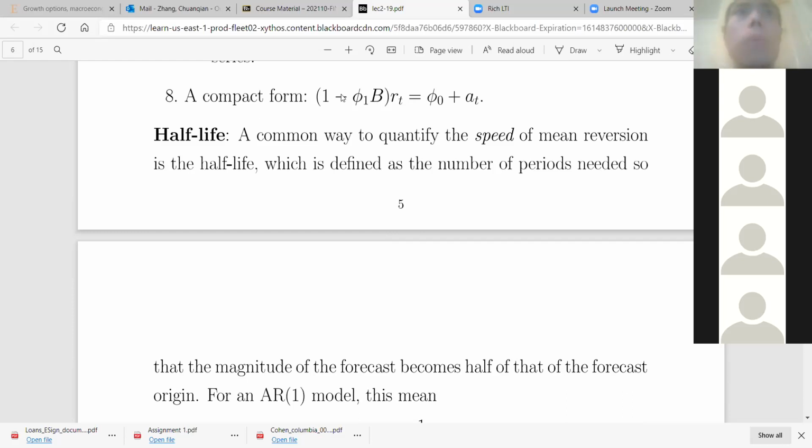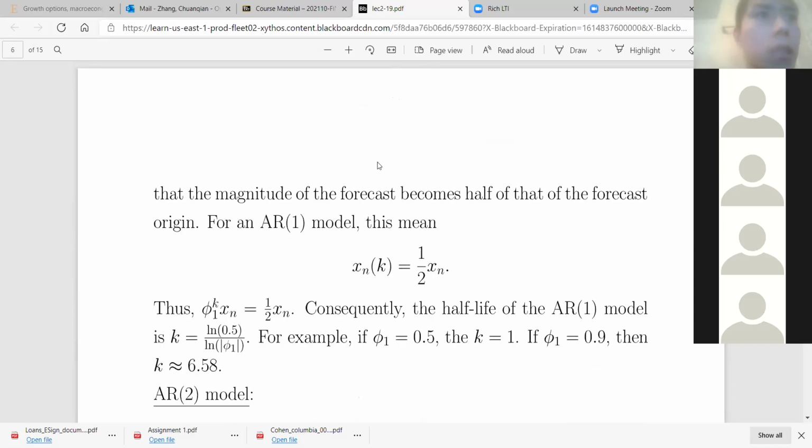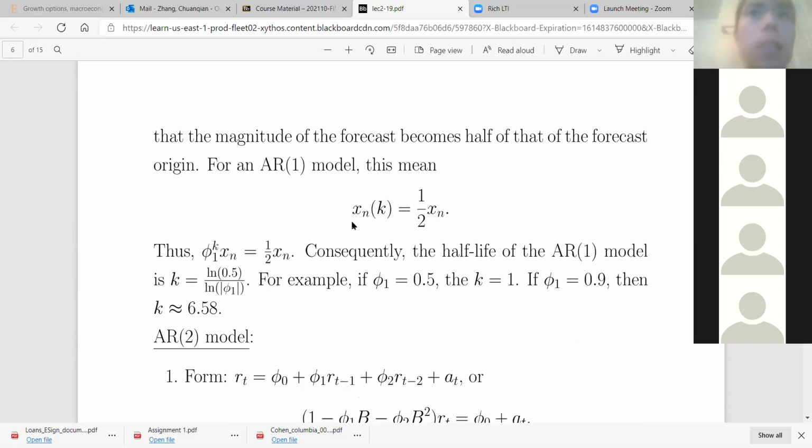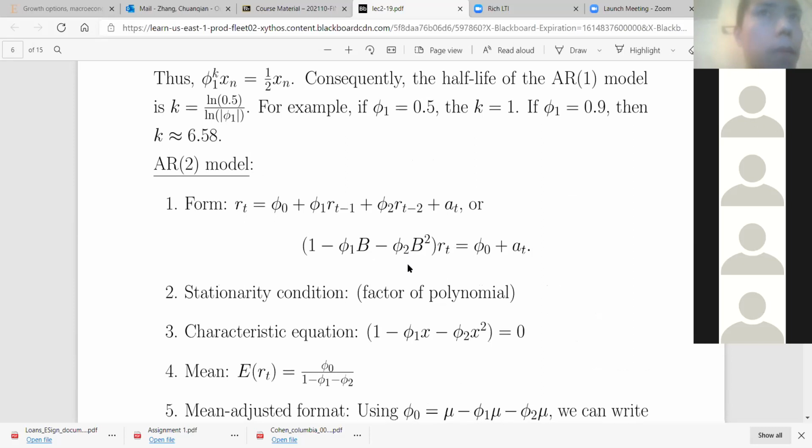When you expand that, you can see this equation is exactly the same as the AR(1) model we mentioned before. We just write it in a compact form, right? But you don't need to locate that. This one is a little bit advanced.